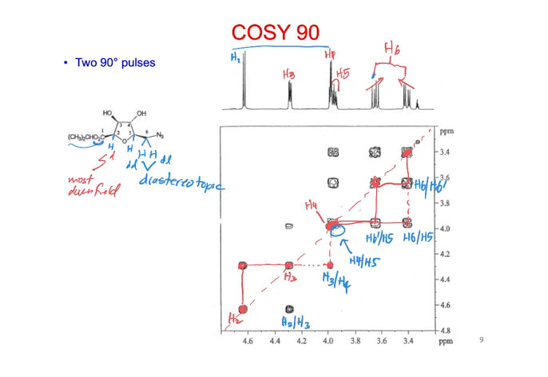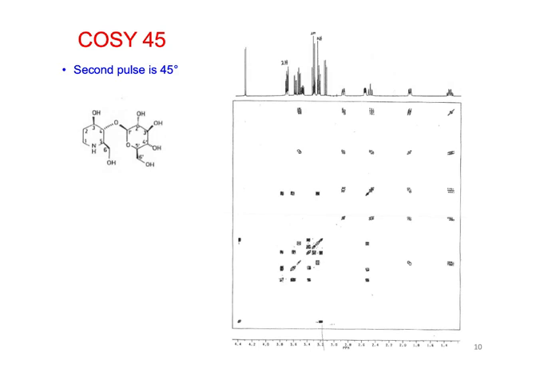All right? Okay, so let's look at another example. This is a slight variation of the experiment. This is called a COSY 45 experiment, which means that the second pulse in the pulse sequence is a 45-degree pulse.